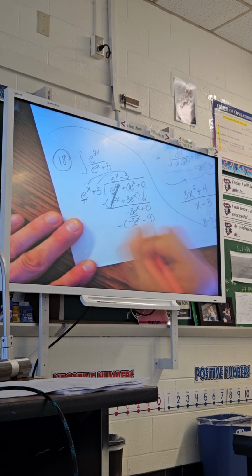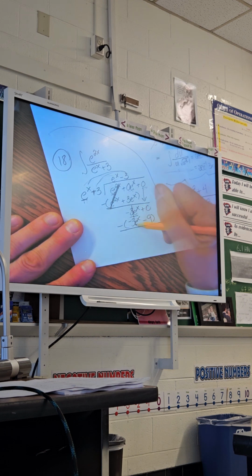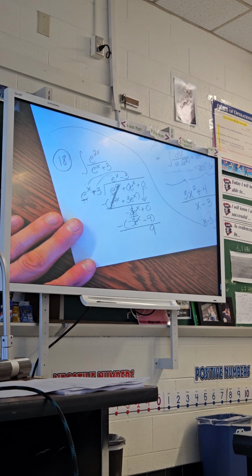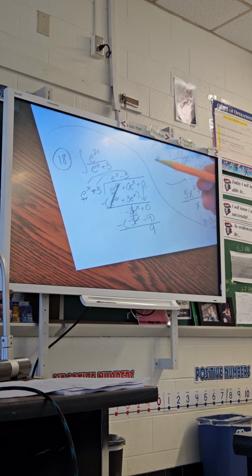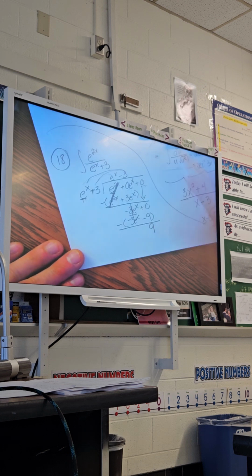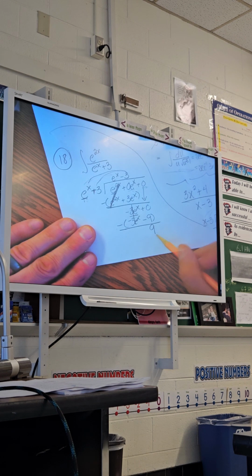Subtract all this. Yeah, because you're subtracting a negative, you get positive 9. Well, you're supposed to bring down the next term. Bring down the next number. There is no next number, so that means that this is your remainder.